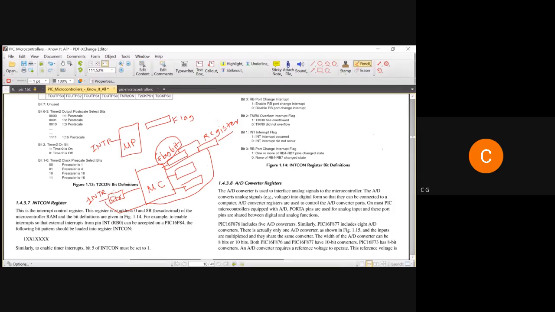That interrupt signal also passes through some control, which enables the interrupt from that particular timer register, or some serial input-output port, or A to D register. Then it will give the microcontroller the instruction that the data has arrived, and it will take the data, because this particular control is also a kind of flag.